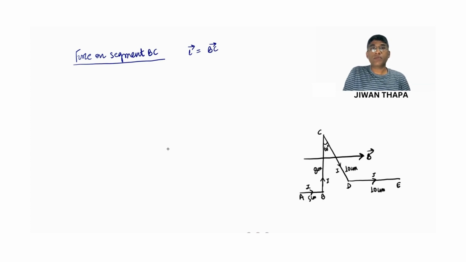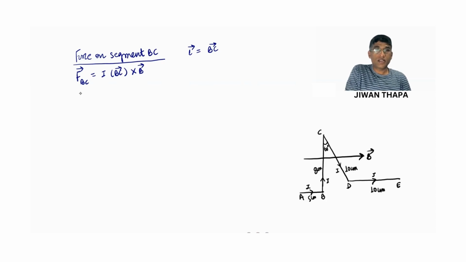vector BC. Therefore, force on segment BC equals I, and we have vector BC cross product, and we have magnetic field.